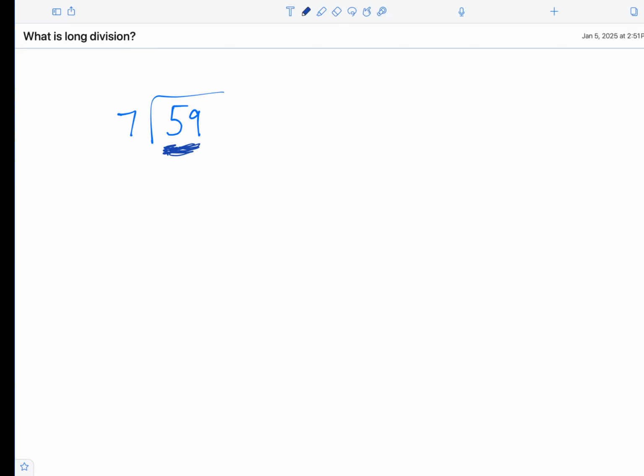Let's call this number here Q. And whatever's left over after getting as close as possible, we're going to call R. What number, which is Q, when multiplied by 7, gets me as close as possible to 59, and whatever I have left over, we're going to call R, and that should give me 59.